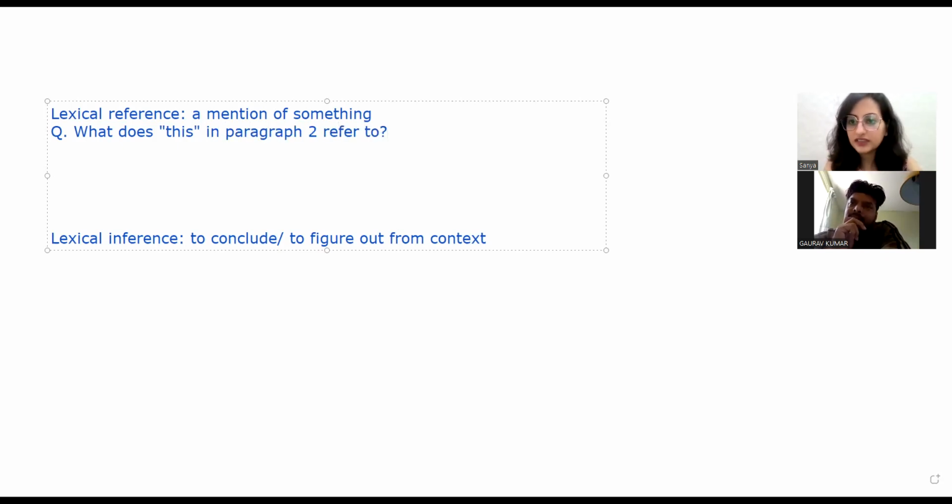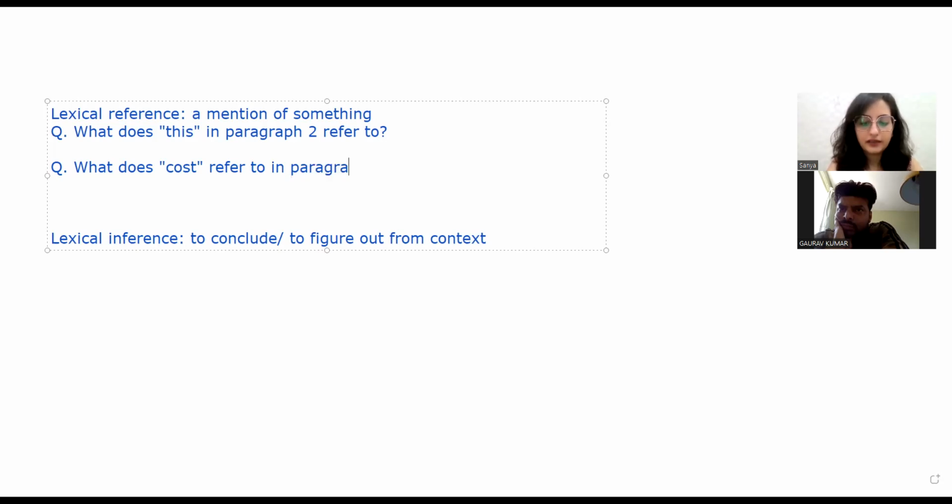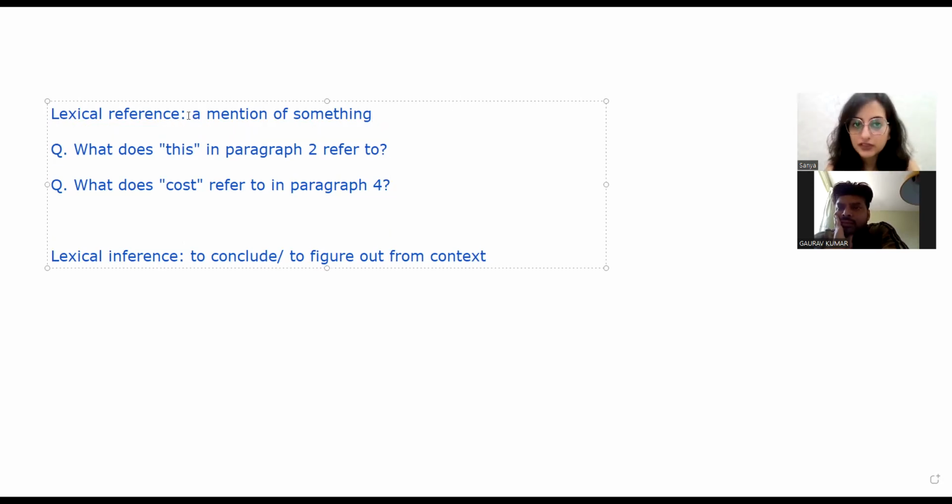And then there are other types of lexical reference questions where they will say, what does cost refer to in paragraph 4 or something. There is a difference between these two types.